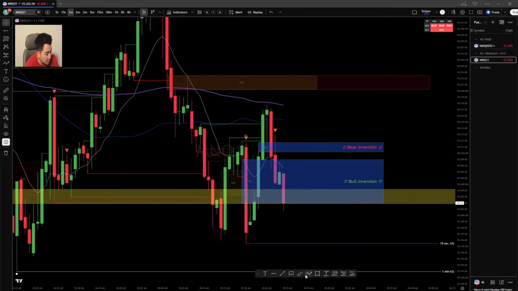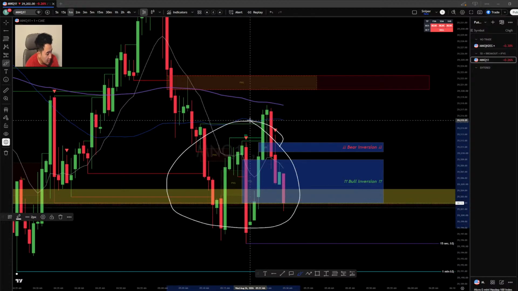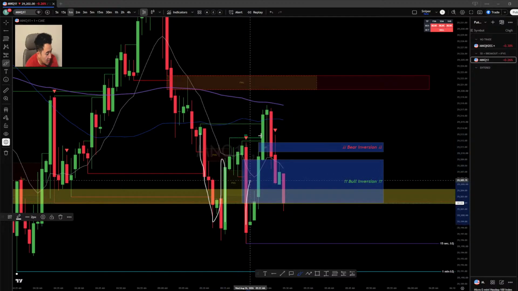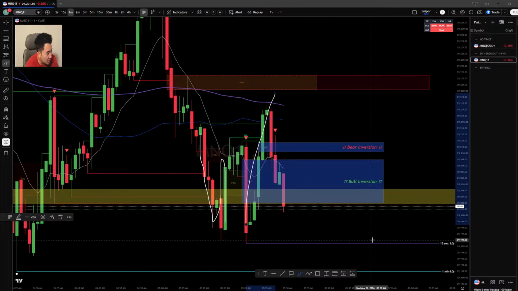I think a lot of people have lost in this area. If you're looking for shorts, they got wiped out. Looking for buys, they got wiped out there.